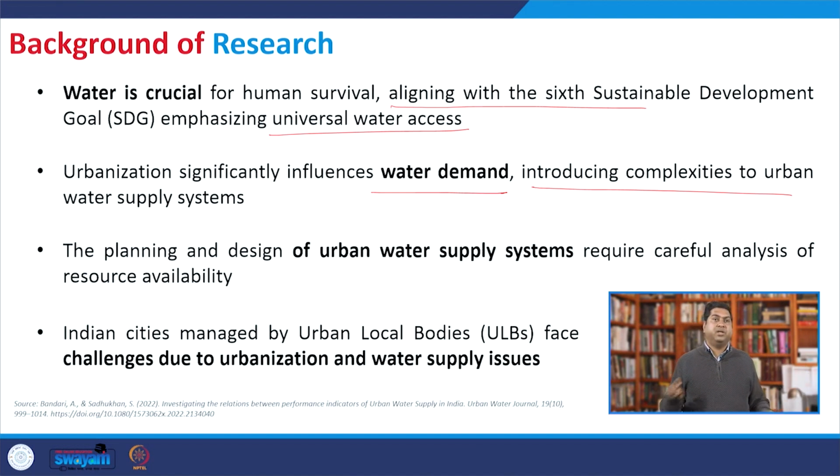Even in the benchmark they have mentioned 135 liters per capita per day. So that is something you multiply with the population and then you supply it for daily uses. But obviously the consumption will not be the same, maybe depending on the age, depending on the income, depending on the location, weather condition.